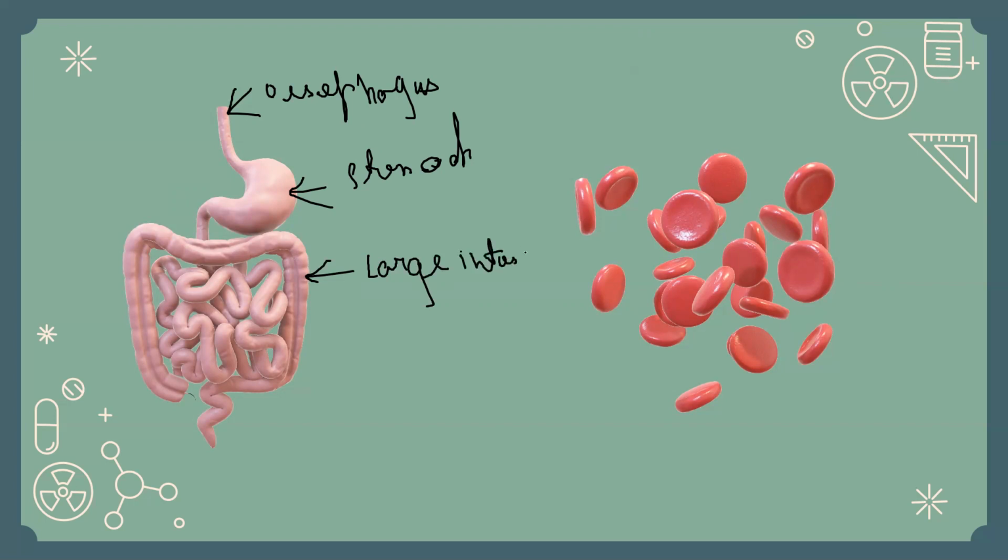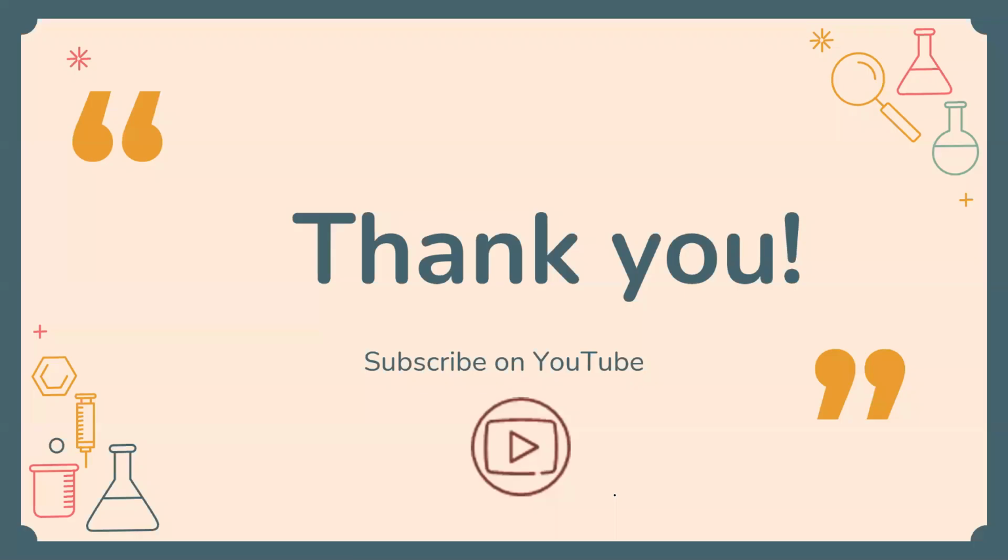We will also learn what happens in the large intestine, because absorption is done in the small intestine only, in detail in another episode. And this is the anus, from where the waste gets thrown out. These are the blood vessels, where the assimilation is done.